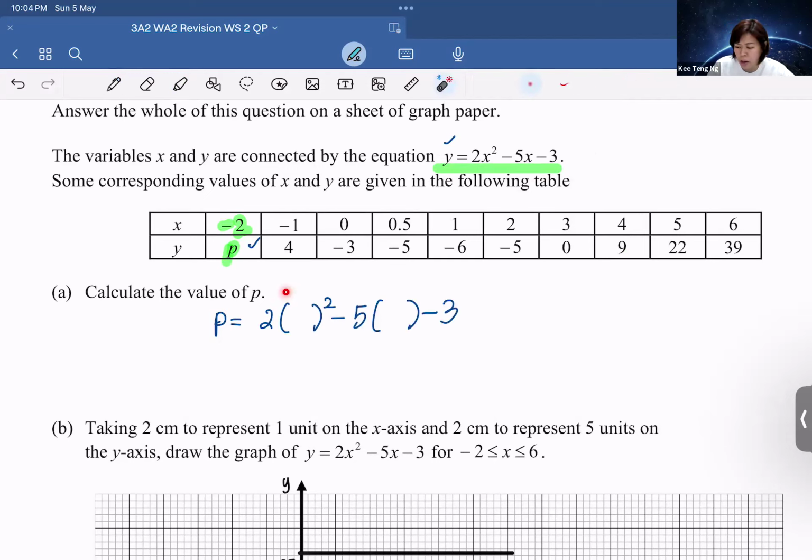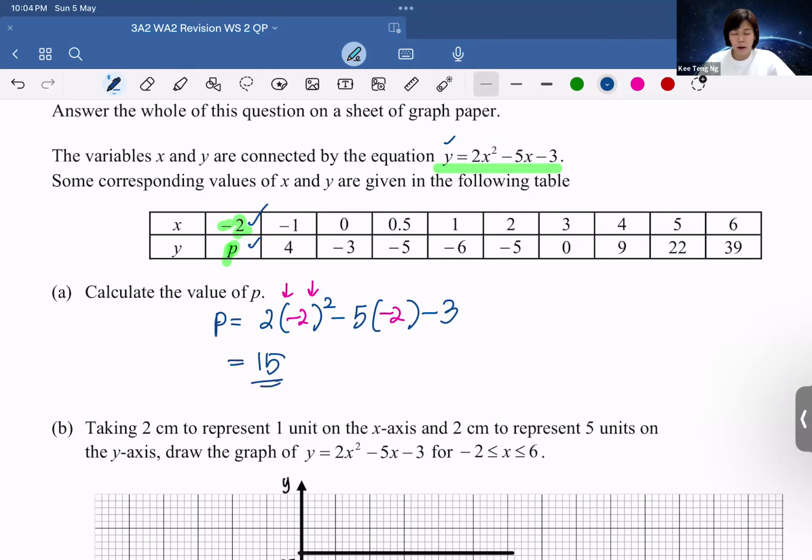I plug in the corresponding number, -2. Remember, there are brackets over here. Key this into your calculator with brackets, and I get my answer, P equals 15.